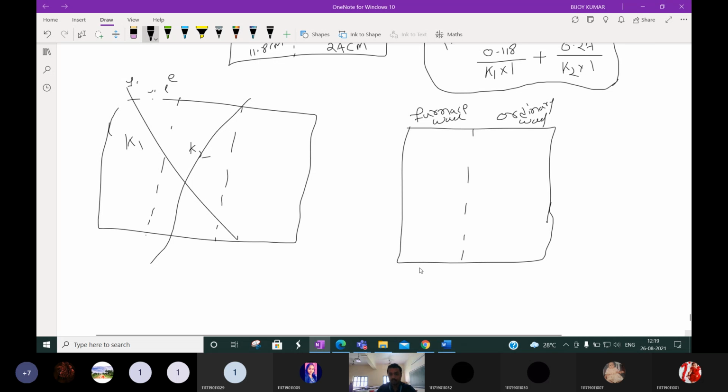This is 0.118 meter and this is 0.24 meter. It has thermal conductivity K1, and it has thermal conductivity K2.